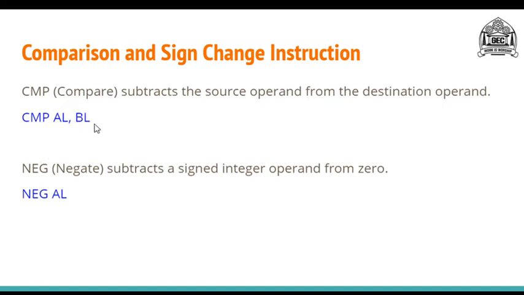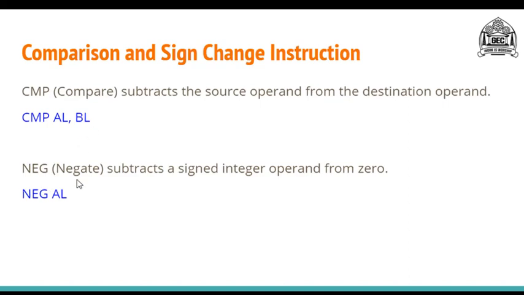So in this example, it will compare the contents of AL and BL, which basically means it will try to subtract the contents of BL, the source, from our destination AL and check if the result is 0. So this is your compare instruction. Remember students, your compare instruction only checks the contents of two operands. It does not modify or update the content of any operand.